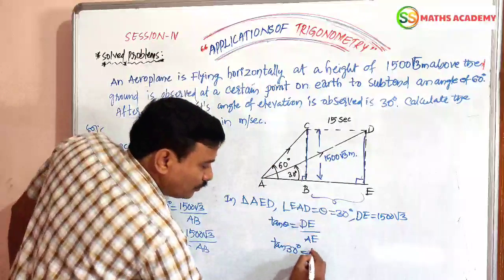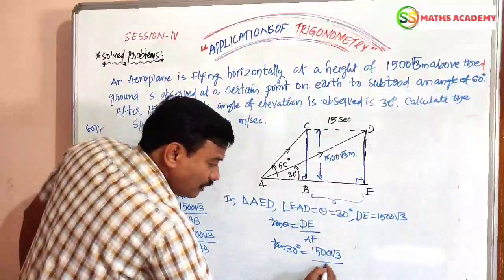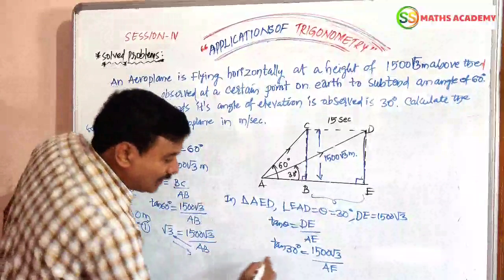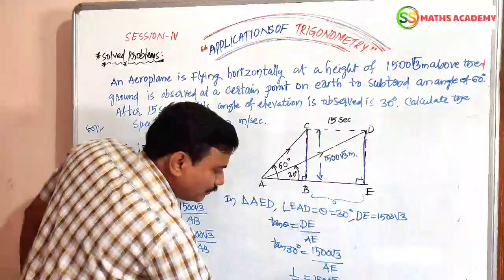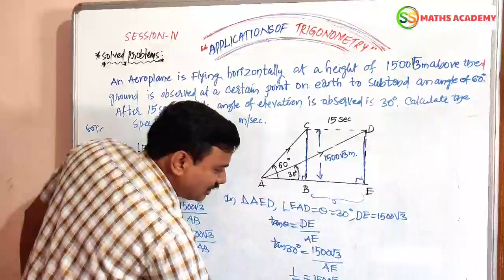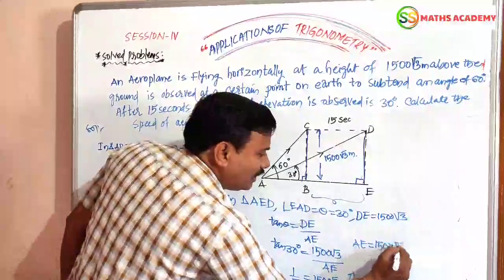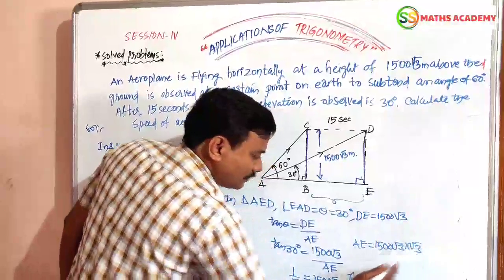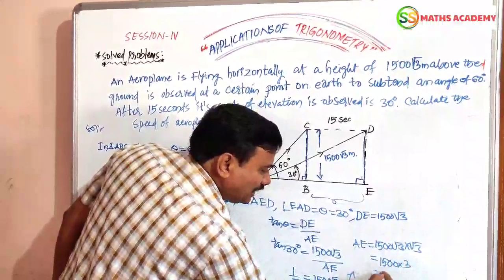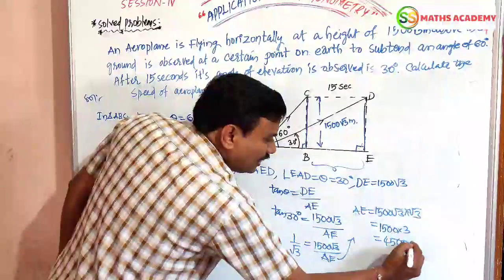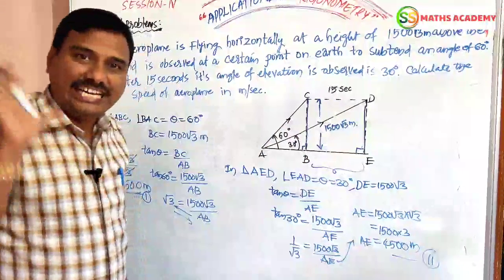Now substitute D as 1500 root 3, and AE as it is. Tan 30 is 1 by root 3, which equals 1500 root 3 by AE. Cross multiplying, AE equals 1500 root 3 into root 3. Root 3 into root 3 is 3, so that is 4500 meters. This is the value of AE. Put it as equation number 2.